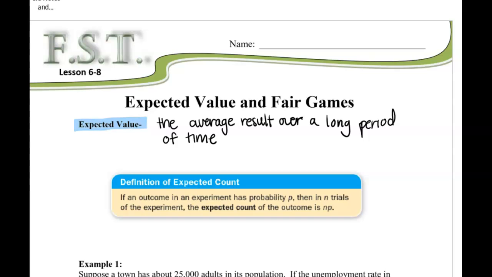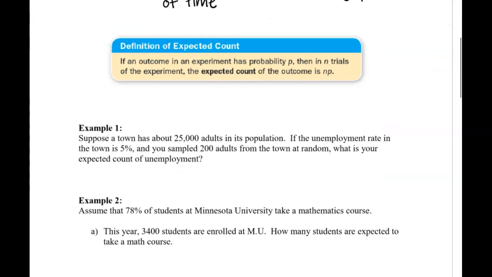And if an outcome in an experiment has probability P, then in n trials of the experiment, the expected count of the outcome is NP. I'll show you what this means. Suppose a town has 25,000 adults, the unemployment rate is 5%, and you sampled 200.